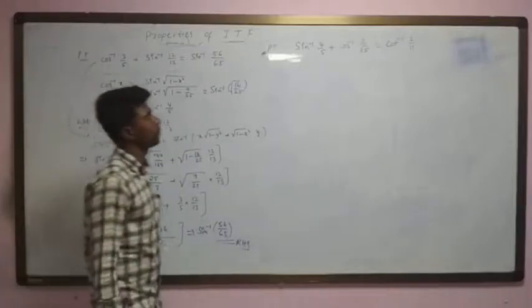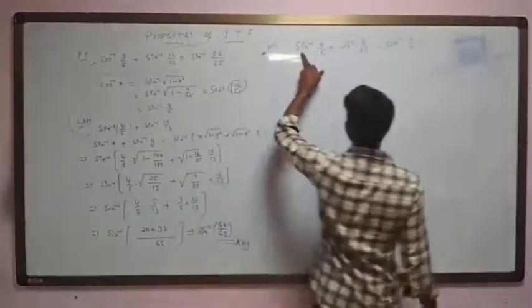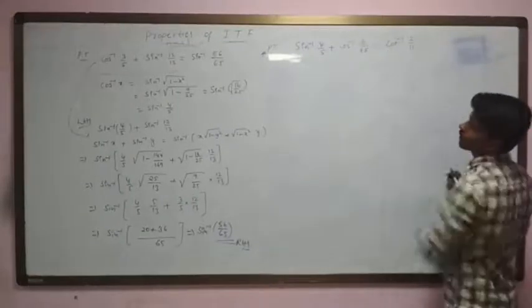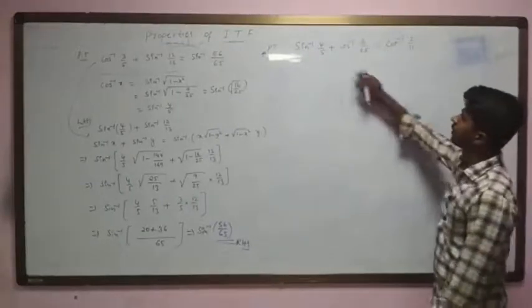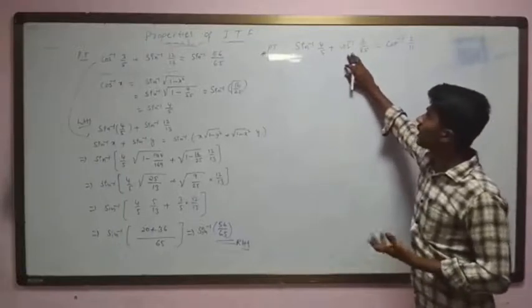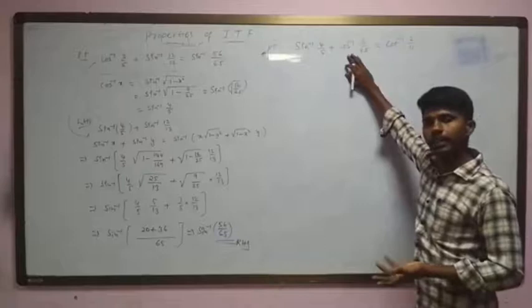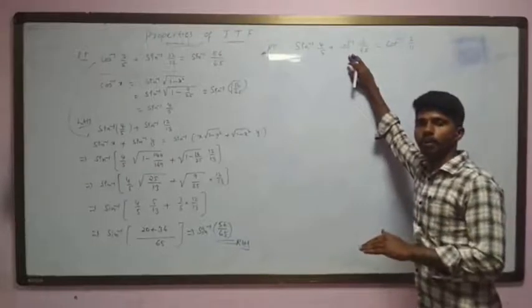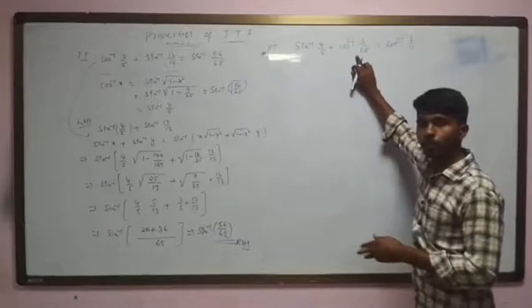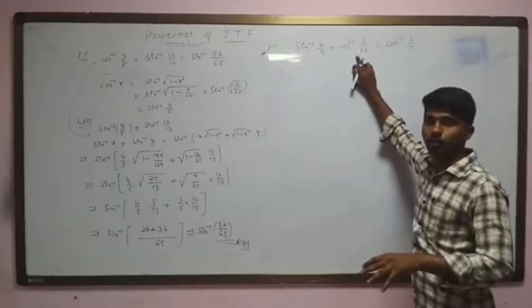Next, go to the next problem. The next problem is given as sine inverse plus cos inverse equal to cot inverse. See, these are how interlinked. We can write a sine inverse in terms of cos, then we can apply the formula and get a cos total in terms of cos.